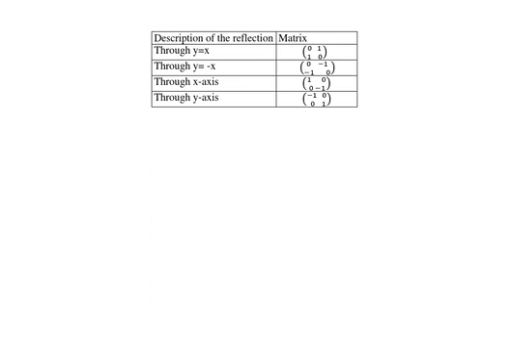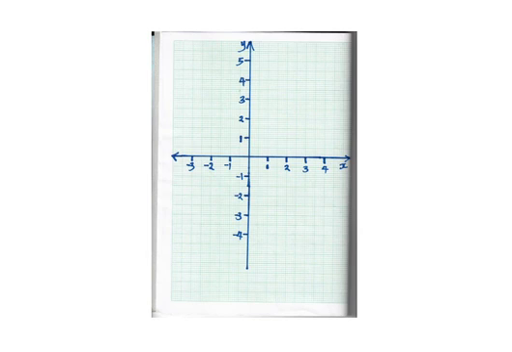So if we start with the first one, which is y is equal to x, we use these points, that is A at 0, 1, B at 1, 0, C at 0, negative 1, and D at negative 1, 0.